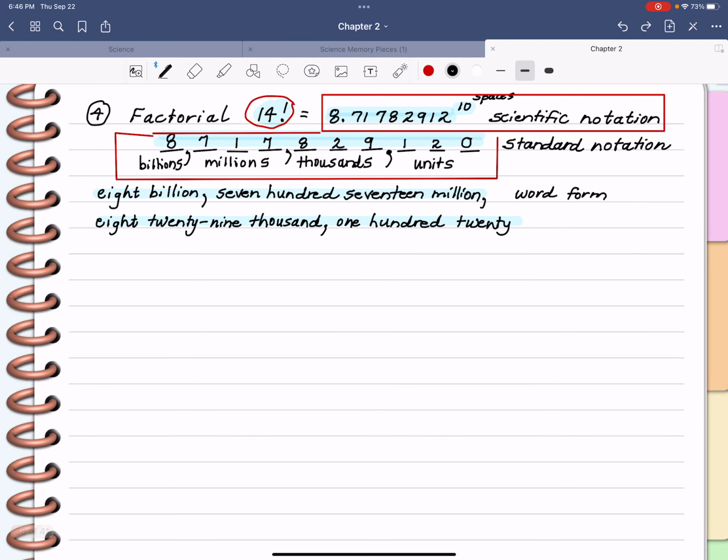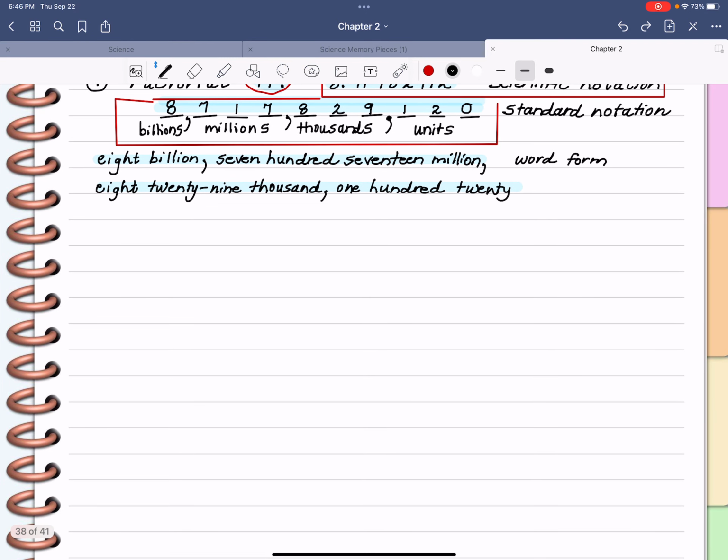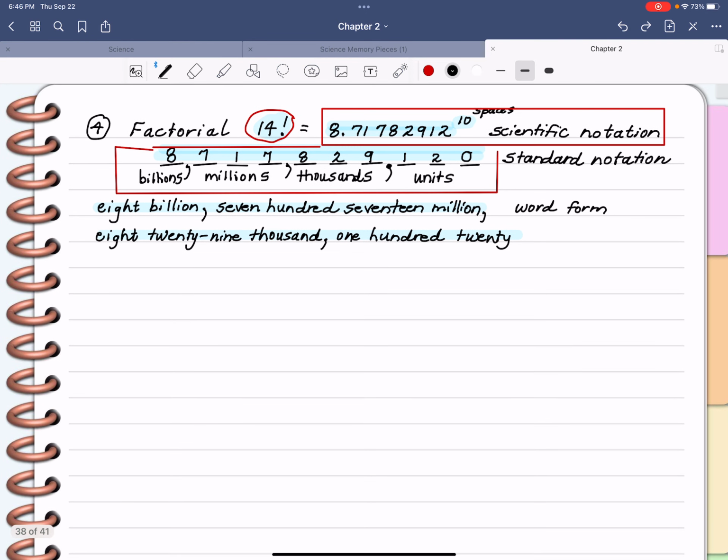Let me see if I can think of one more way. I'm not sure this will work, so let me... Yes, there is one more way. I think I said it back at the beginning. I didn't mean to. But this is a permutation because order matters.